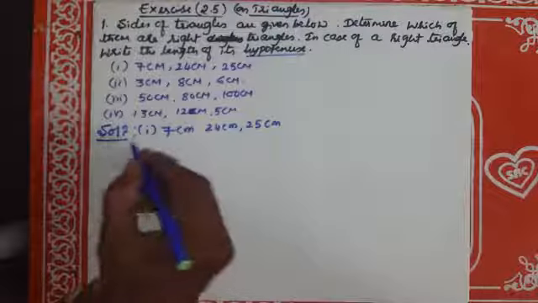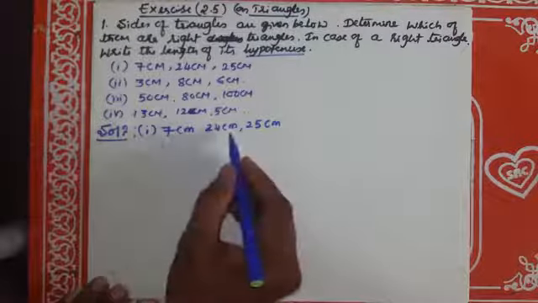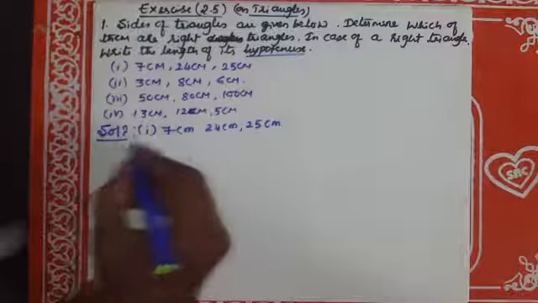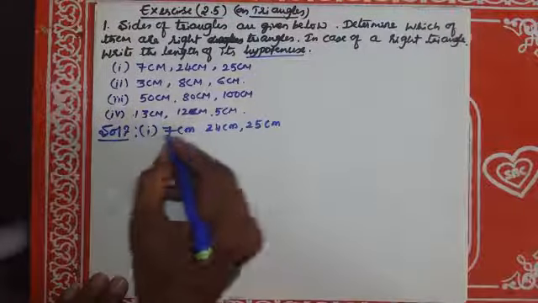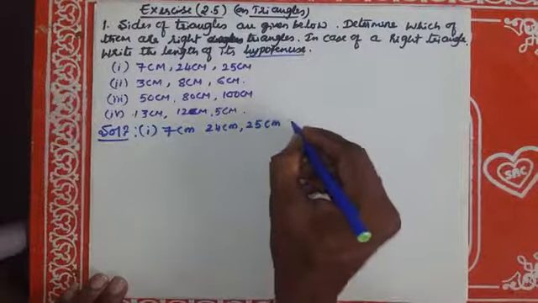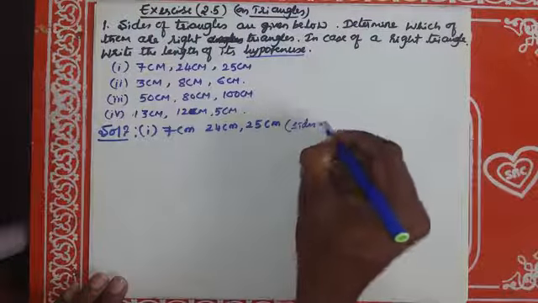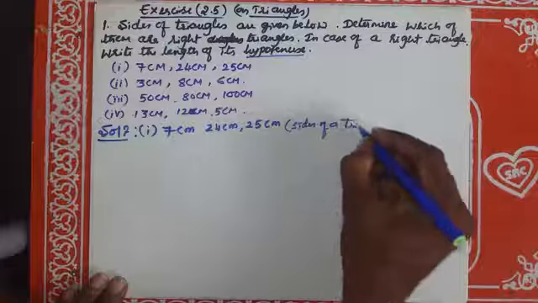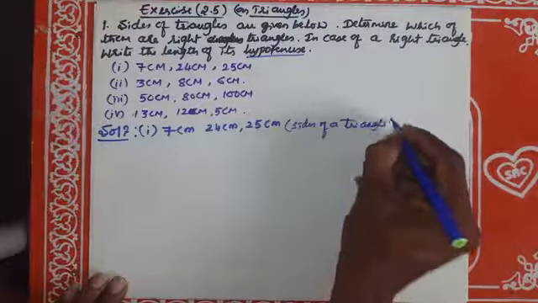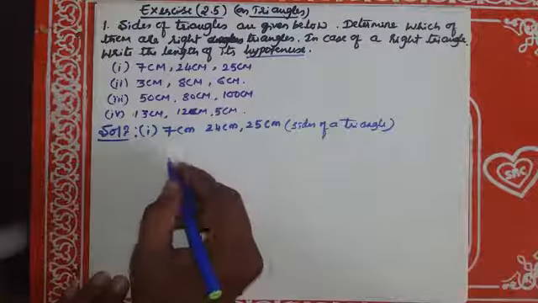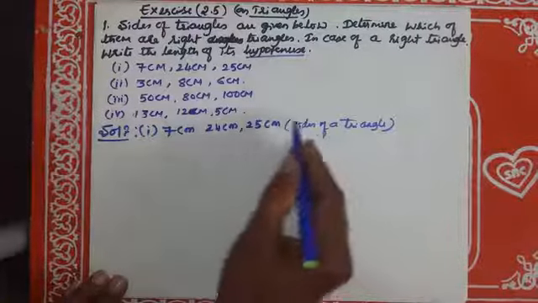Here the sides of a triangle are given. Solution: we have to do squaring on these sides.